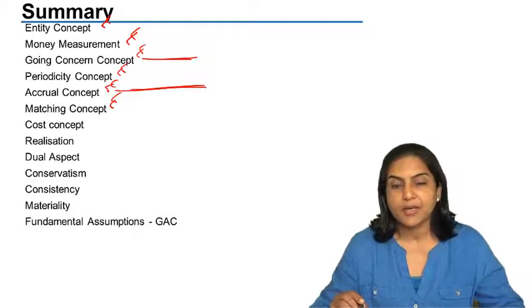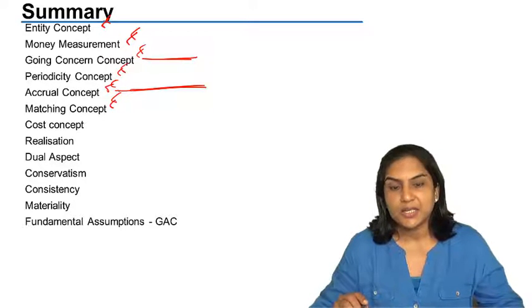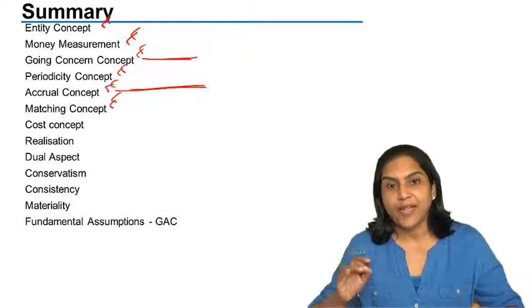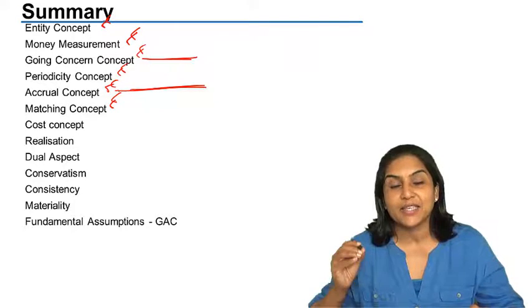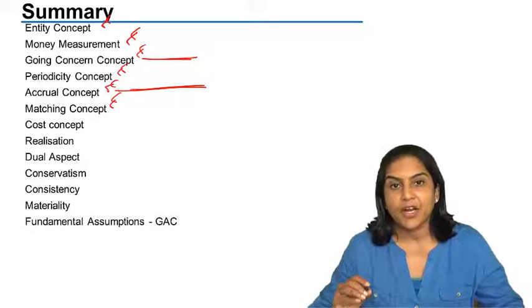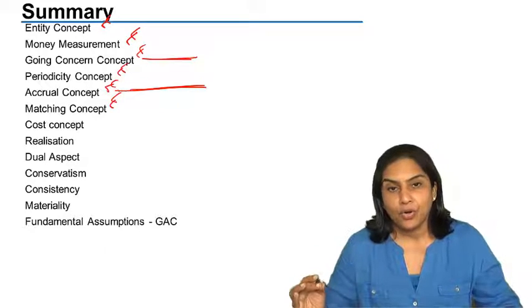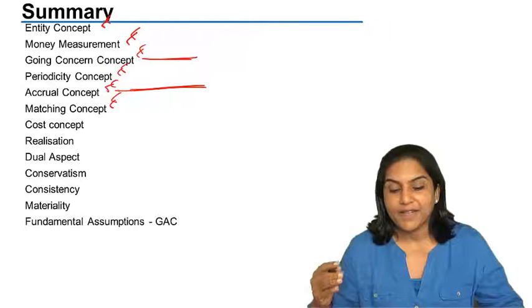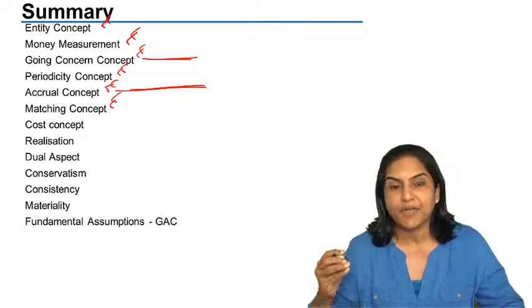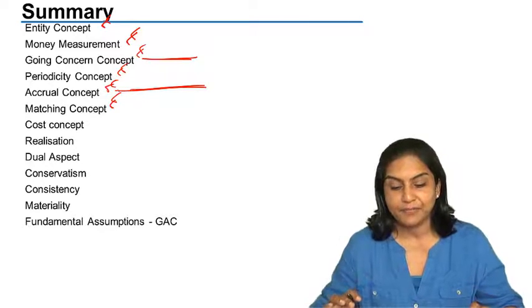Cost concept. Cost concept states that when we record any purchase of assets, etc., it is recorded at the price that we pay for the same. Recorded at cost, not at any different value that it may supposedly have.